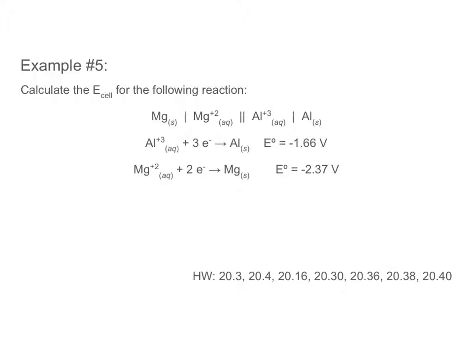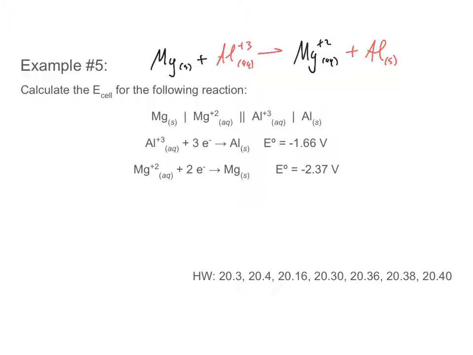And so our general reaction in this case would be something like magnesium solid plus aluminum ion, which would be aqueous, will react to form aqueous magnesium ion and solid aluminum atom. Okay, so that's basically what we're talking about here.